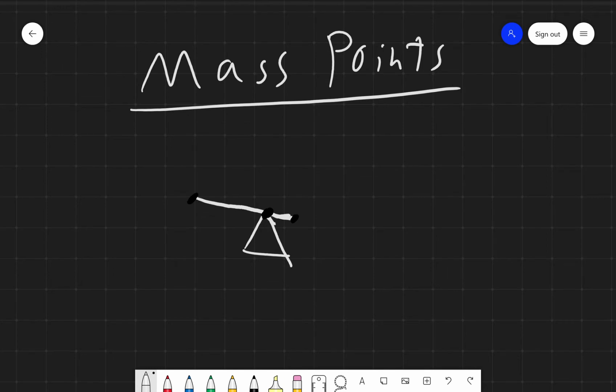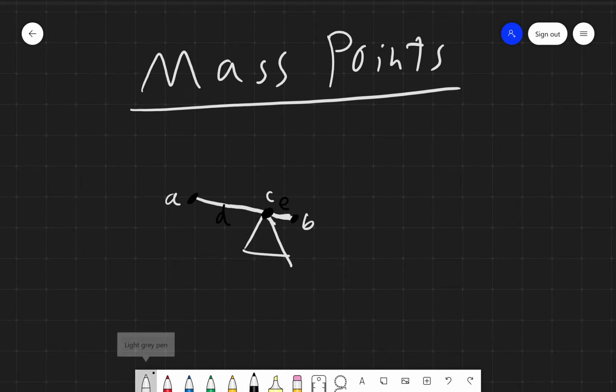Let's say that this end has a mass of A. We can just assign it A, and we can say that this one is B, and this one's C. Let's also label this side length D and this side length E.